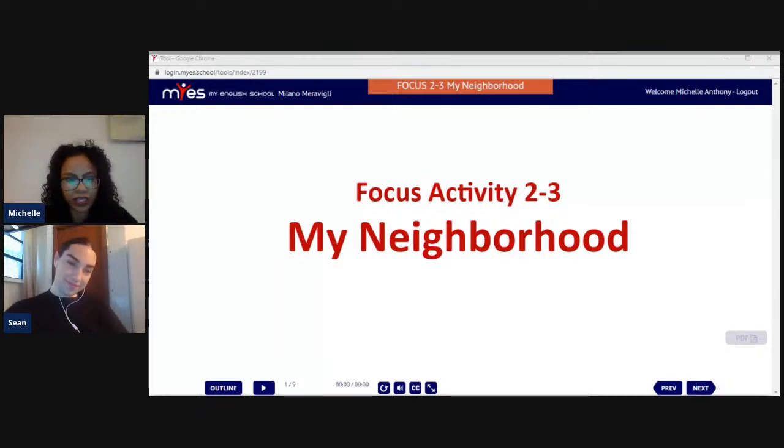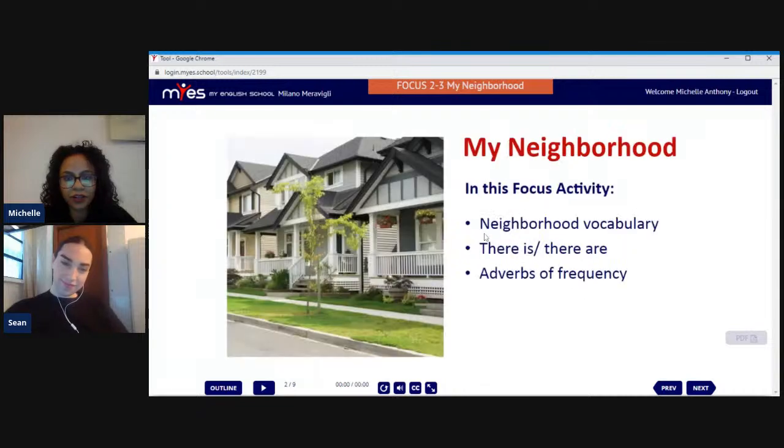Okay, first off, this is what we are going to look at today. Would you like to read, Sean? Sure. In today's focus activity, we're looking at some neighborhood vocabulary, the two forms there is and there are, and adverbs of frequency.